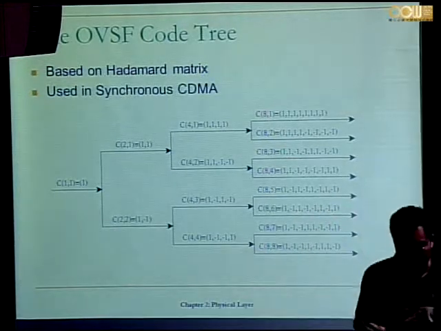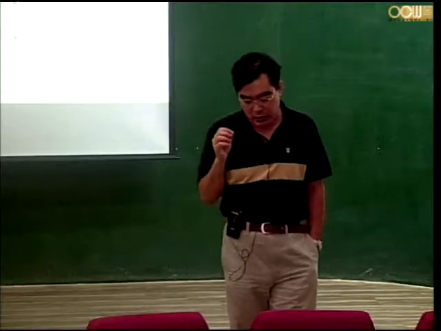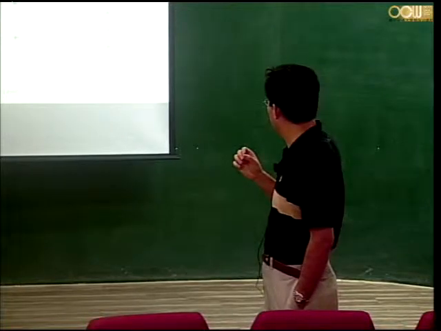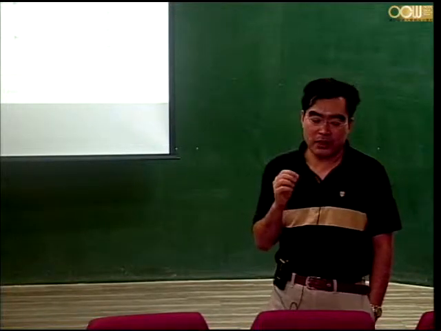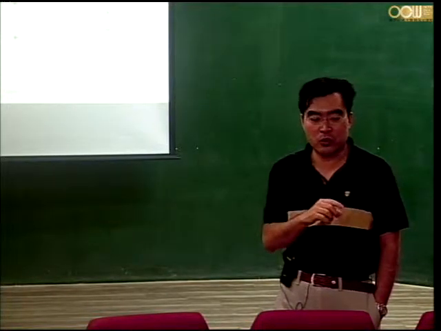So in order to transmit one data element, I need to transmit multiple signal elements. Say in this example, it will be 8 signal elements. So I'm sending 8 signal elements in order to transmit 1 data element.